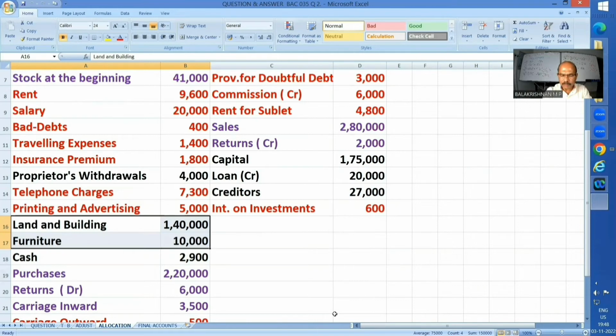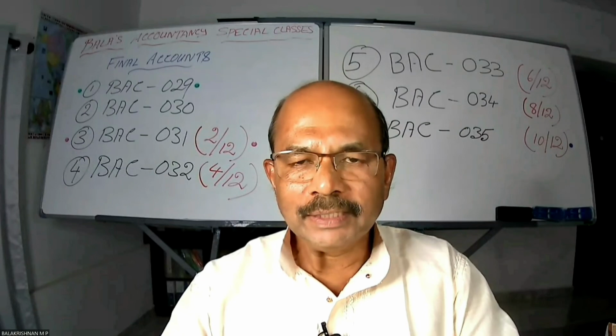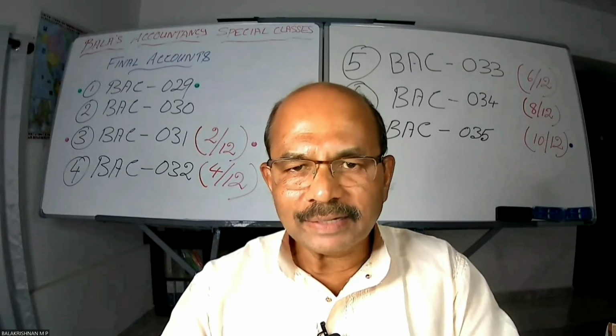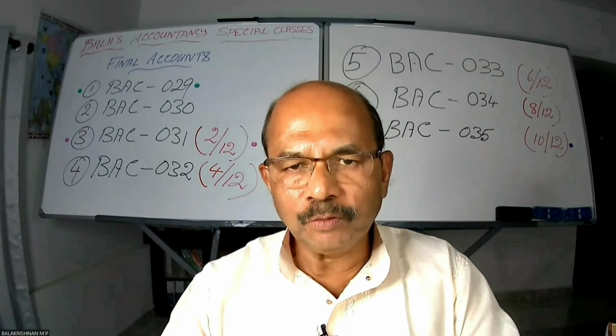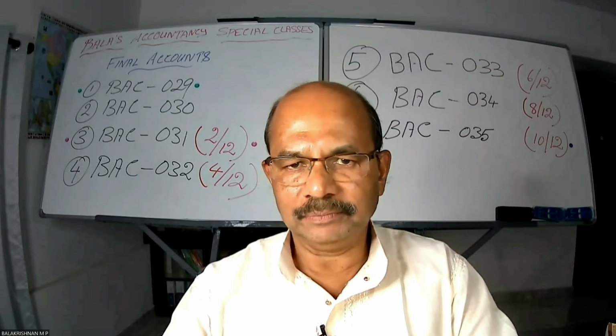So now let us move to the final section, that is the trading account, profit and loss account, and balance sheet. I have explained to you each and every adjustment, the debit and credit aspect of each and every adjustment. We know that an adjustment is nothing but a journal entry.